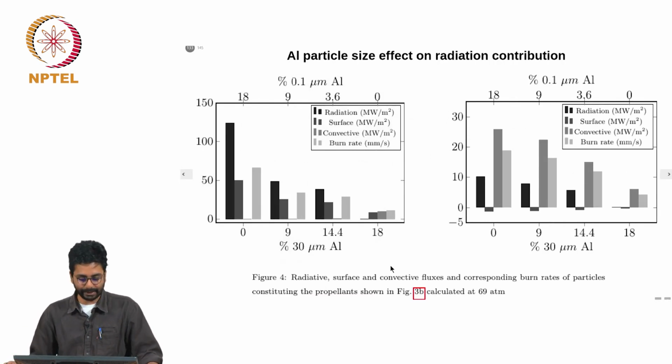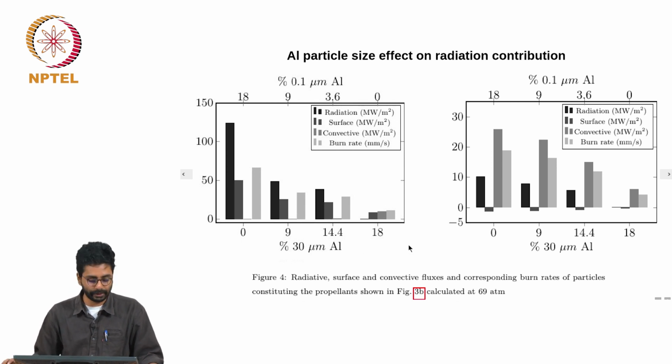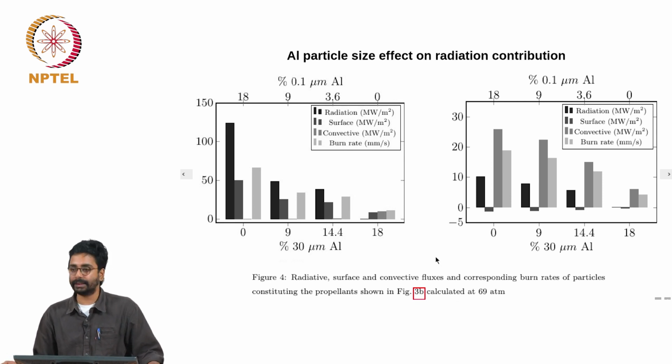The question is, the hypothesis was that radiation contributes to the increase in the burn rate. This is just to show that it is indeed radiation that contributes to the observed increase in burn rate. In fact, the numbers are pretty high.